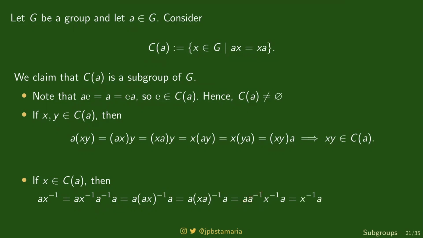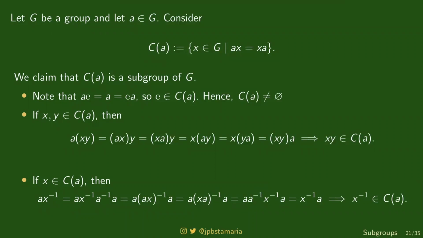Ang maiiwanan ay X inverse times A. So what happens in the end is that whenever we multiply X inverse to the right of A, no, parehas lang siya when you multiply X inverse to the left of A. Meaning to say, X inverse commutes with A, so X inverse is an element of C of A.